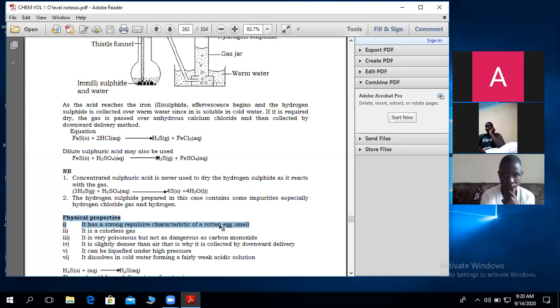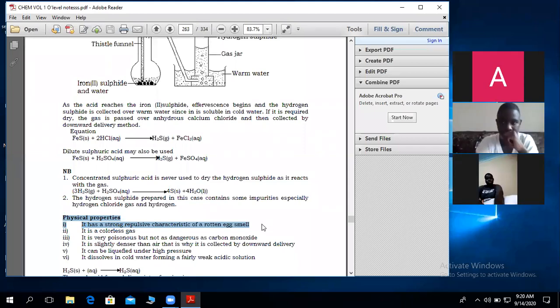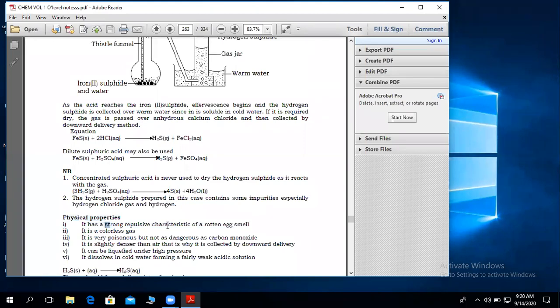In fact, here we are calling it repulsive, meaning that anyone wants to repel it. It has a repulsive characteristic smell of rotten eggs. So whenever you see rotten eggs, there is only one gas that has a smell of rotten eggs, and that gas is hydrogen sulfide. Take note of that.